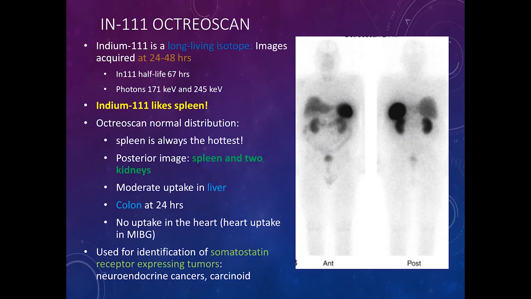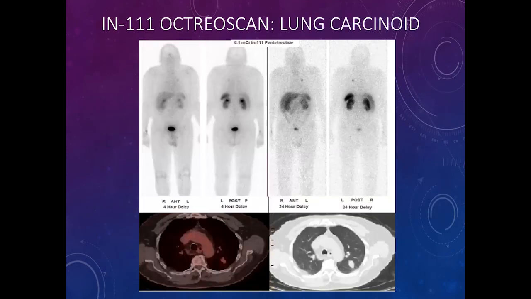Most commonly you will see imaging with OCTREOSCAN when we are looking at, for example, a base of mesentery mass that is difficult to biopsy, and the differential diagnosis includes carcinoid, and we will offer OCTREOSCAN. If it lights up, we know that it was carcinoid.